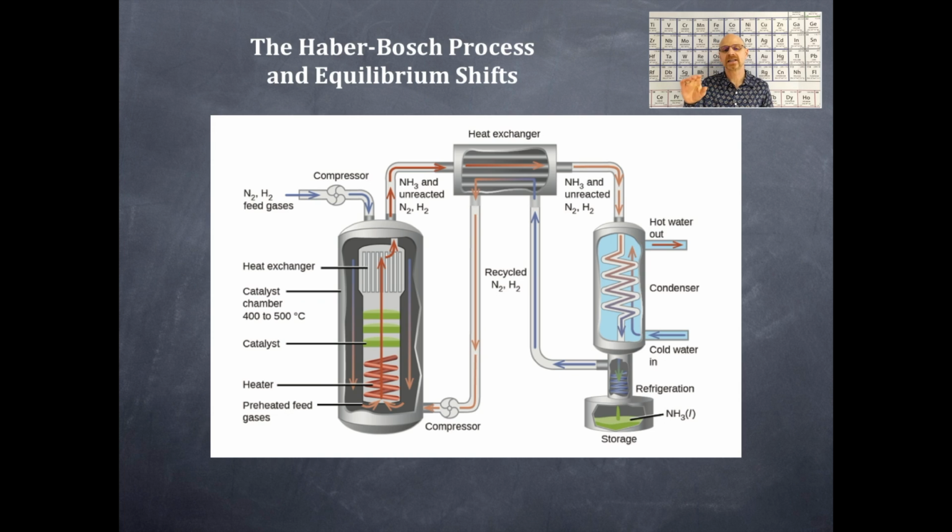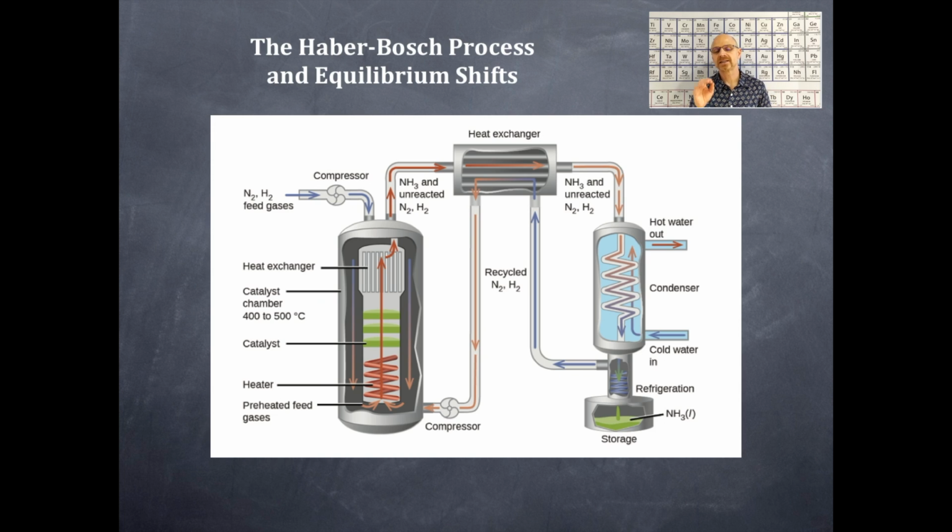Okay, so that heat exchanger continues with all three of those gases, cooling them down, and then on the right-hand side you should see that the condenser cools down all three gases, that is the ammonia, the nitrogen, and the hydrogen. And then at the very bottom, the storage container is liquid ammonia.